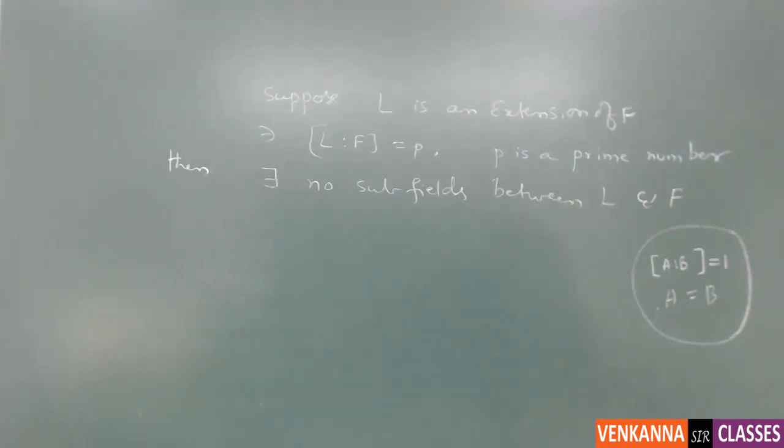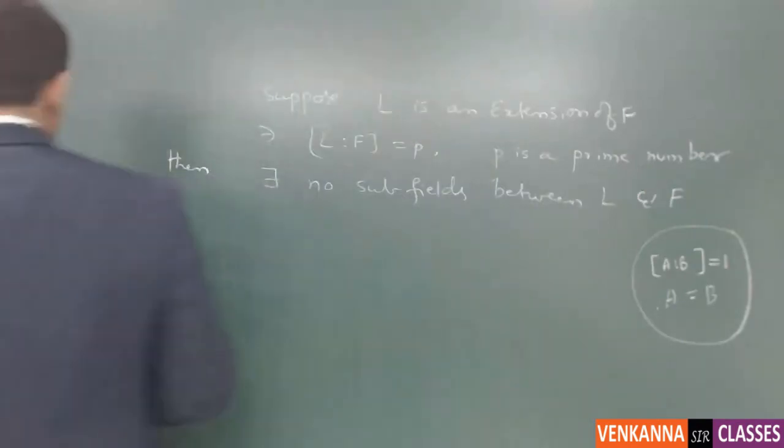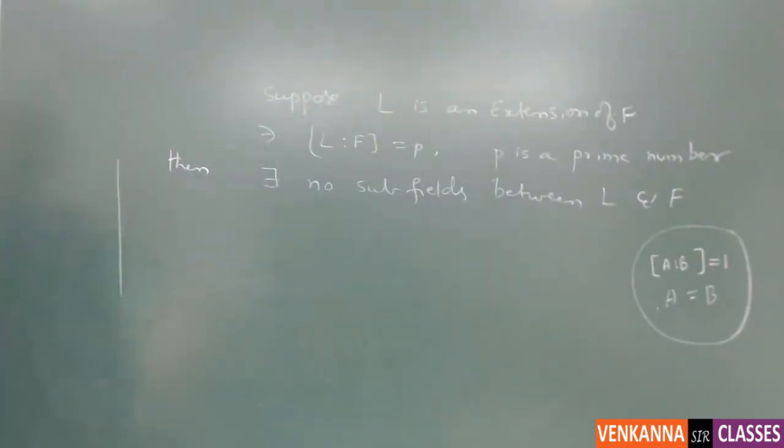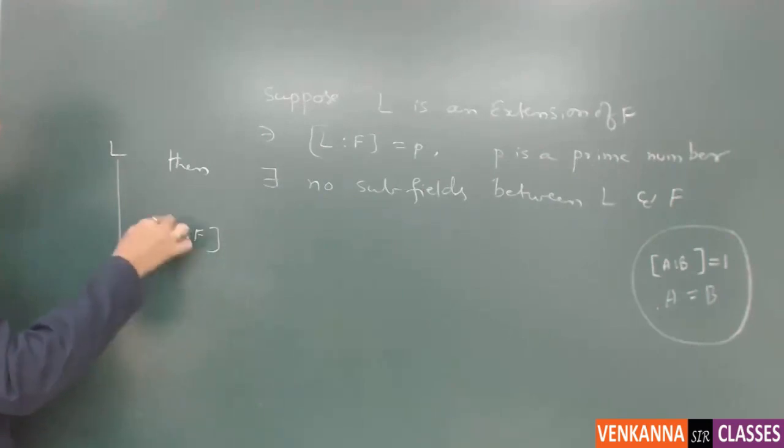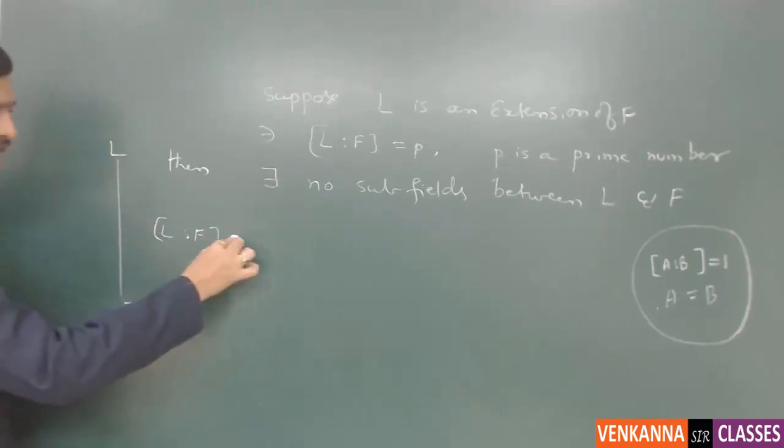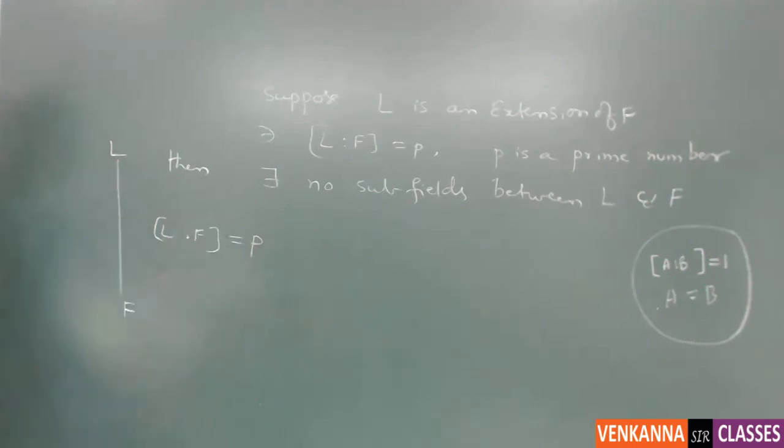Now, as far as the question is concerned, this is the actual thing given. F is a subfield, L is the extension. He is saying that whenever you have a vector space L over F such that the dimension is P, it means that a basis for L contains exactly P elements, where P is a prime number.